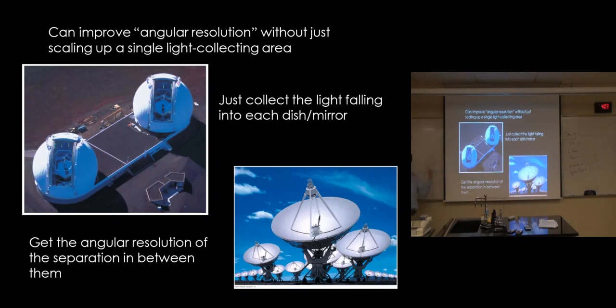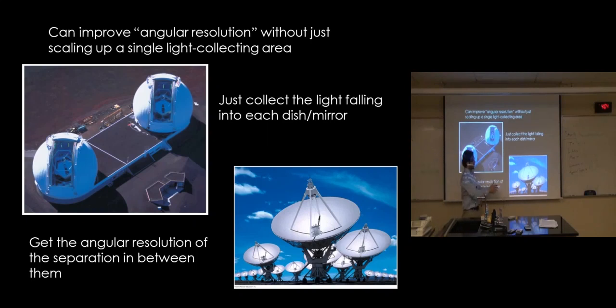They're an array, and what they do is they get light from different aspects, and they compare the light, and they try to fix the angular resolution problem. By taking multiple samples and agreeing upon them, they're able to act like an effective larger dish that has the angular resolution of this, even though it's collecting light in that area.